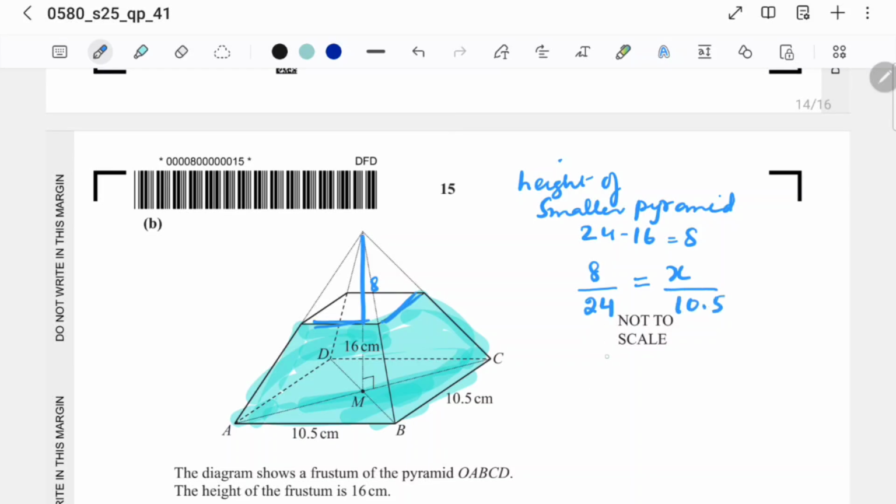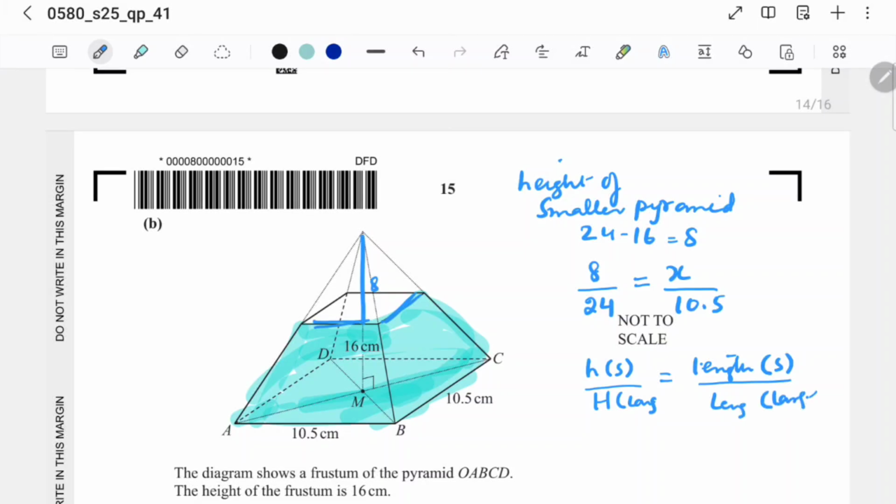It means we take the height of the smaller divided by the height of the larger, which equals the length of the side of the smaller divided by the length of the side of the larger.